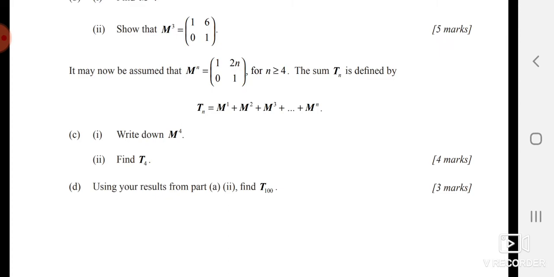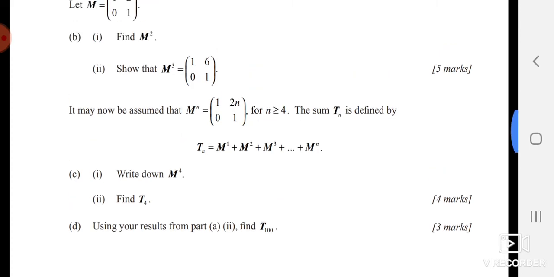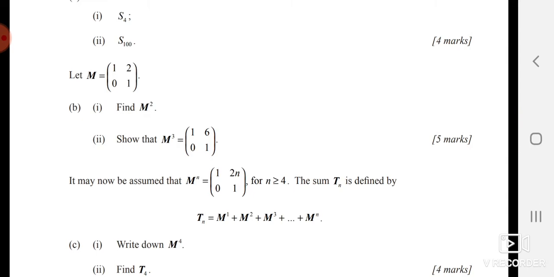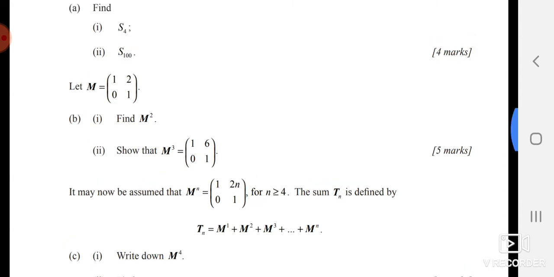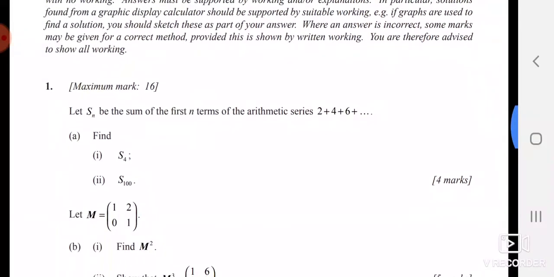Here your n is 4, you will plug these values in and you will see that your final first entry would be 4. Then you will add 2 plus 4 plus 6 plus 8 for the second entry of the first row. Actually this becomes again the same 2 plus 4 plus 6, and you have already calculated the answer of S4.